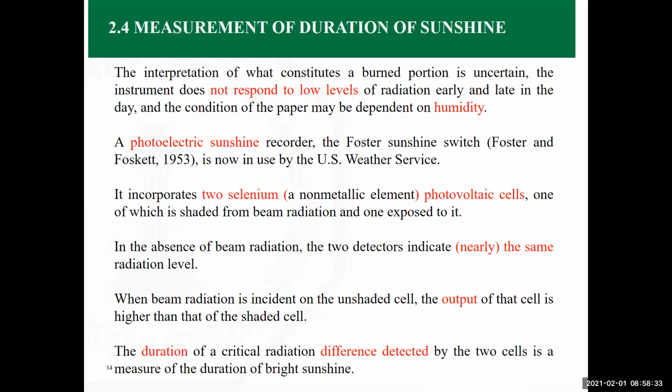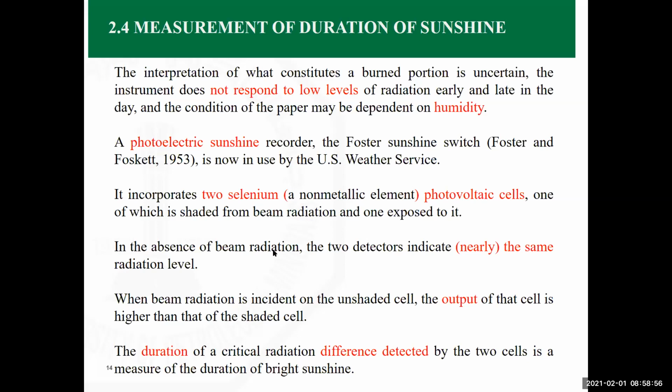However, a photoelectric sunshine recorder is based on the utilization of photovoltaic cells. These cells are based on selenium, a non-metallic element used to fabricate them, where one of them is exposed to the solar radiation and the other one is shaded.